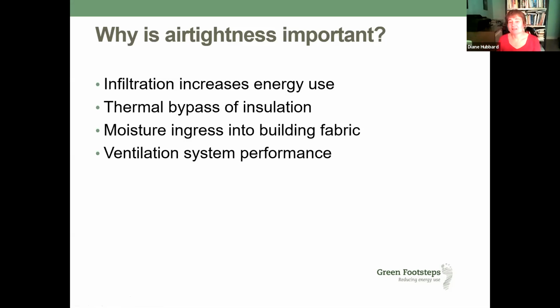What happens in that instance is where the air is leaving, it's going to go from a warm space, it could be relatively humid air, and then it's going to go into this cooler building fabric. And that might result in condensation, which would be a particular problem if you're talking about timber frame construction, where you're going to potentially get condensation where you don't want it to be, which could shorten the lifespan of the building or that particular section of the building.